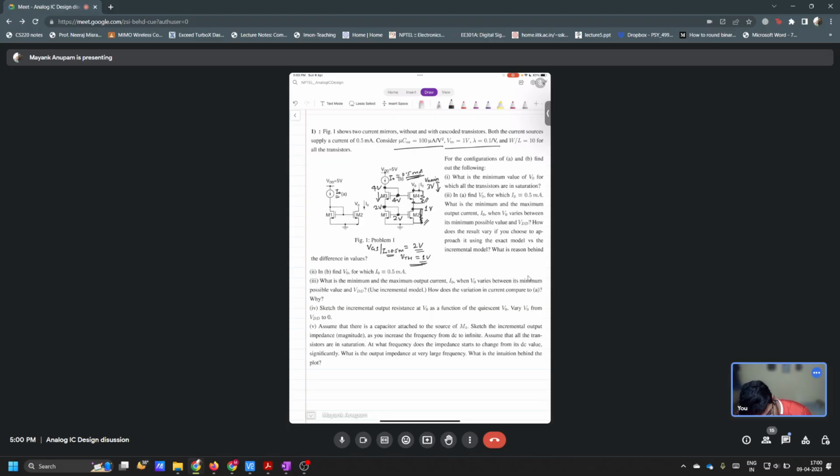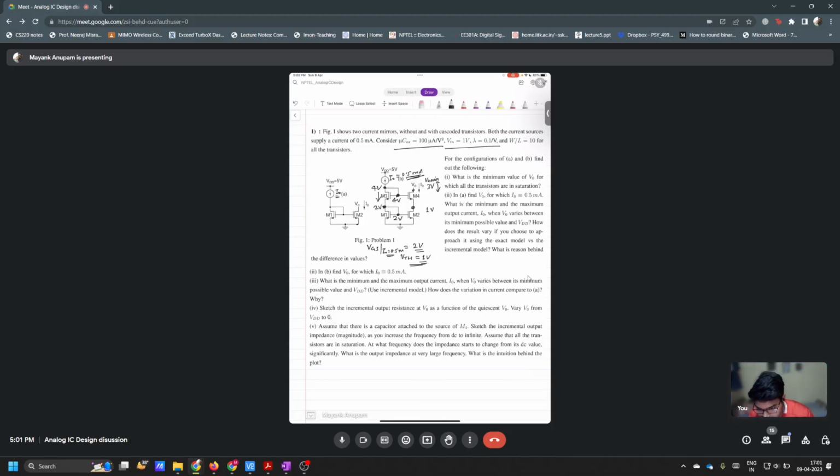Is that fine? So let's remove this. Sir, in case of non dependent, so this is gamma into VGS, in small signal mode. Are you talking about body effect?